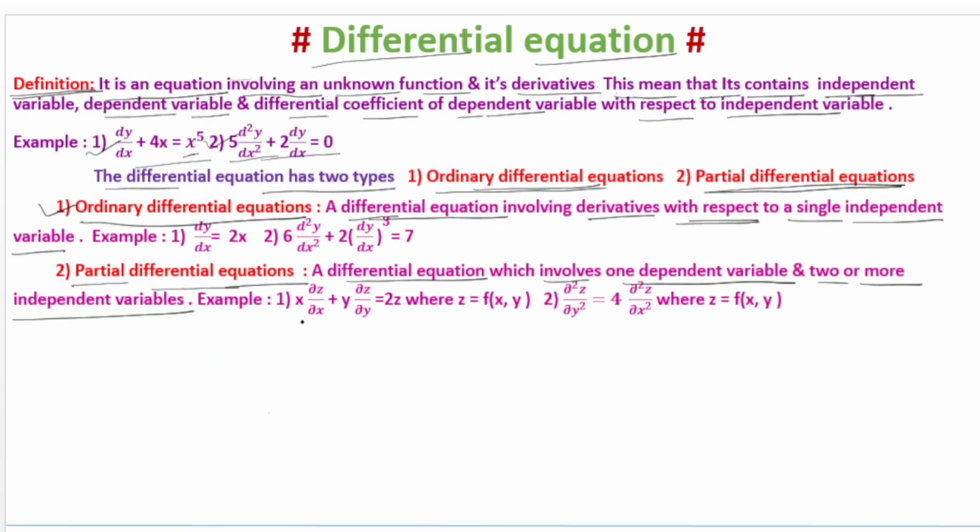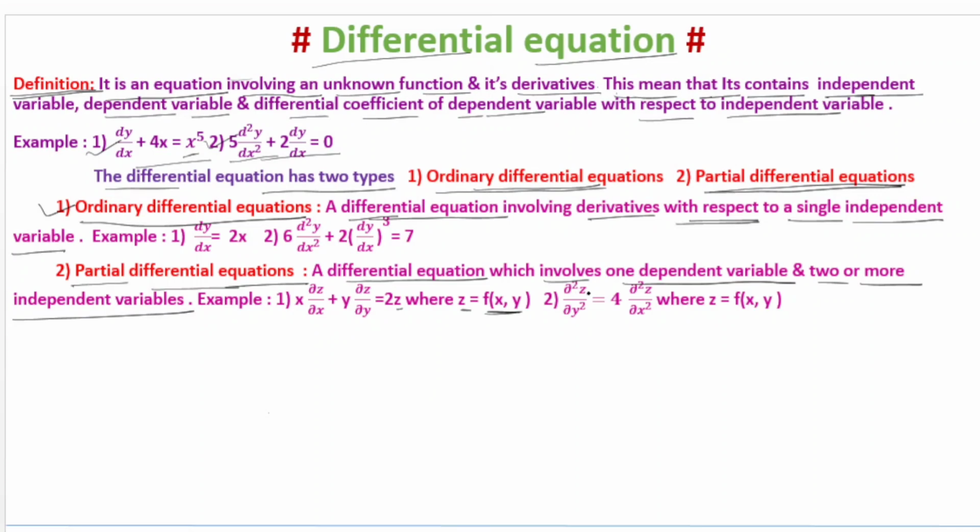For example, take x into dou z upon dou x plus y into dou z upon dou y is equal to 2z. Z is a function of the two independent variables x and y, so it is called a partial differential equation.